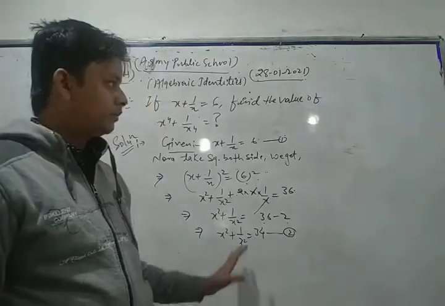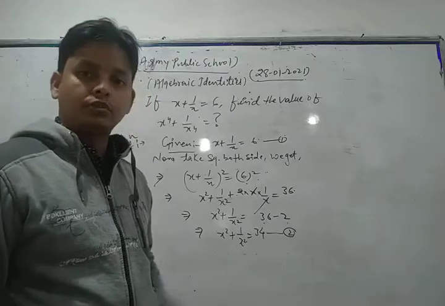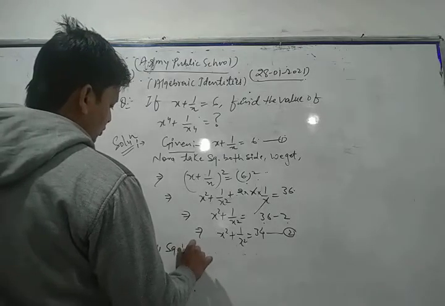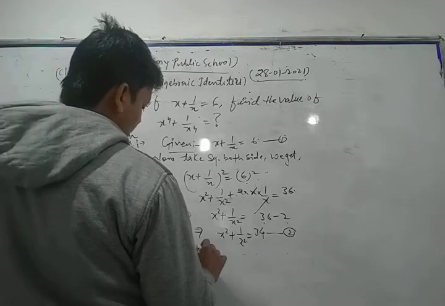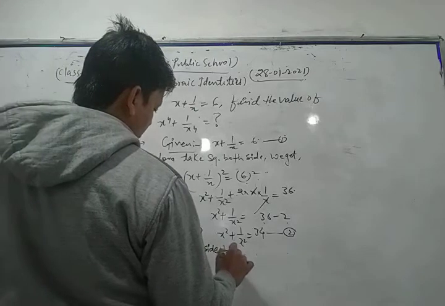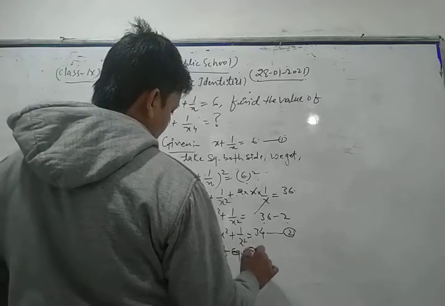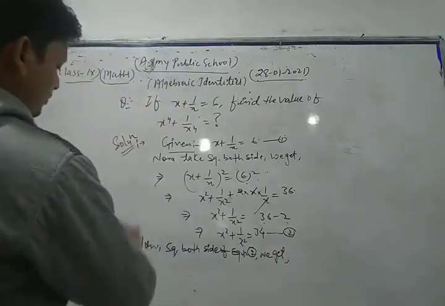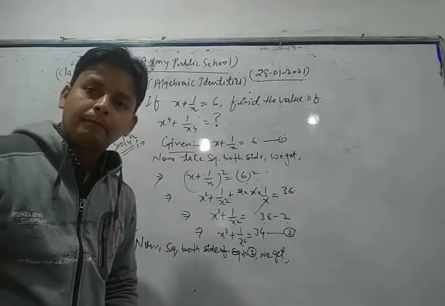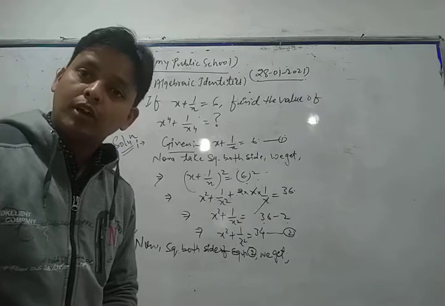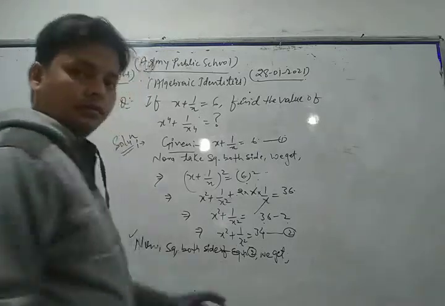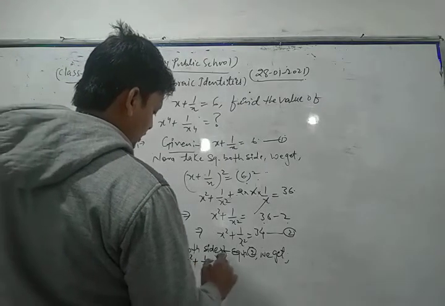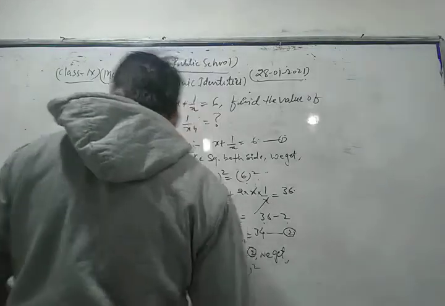So dear student, for that we again square both sides of equation 2. Squaring both sides of equation 2 we get x square plus 1 upon x square whole square is equal to 34 square.